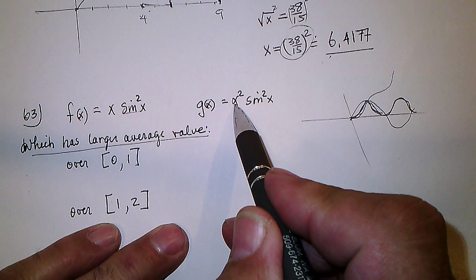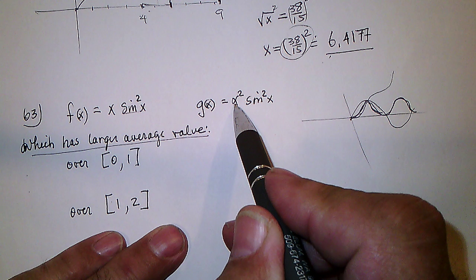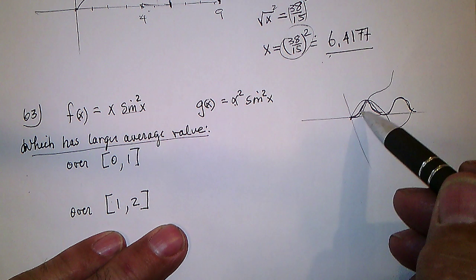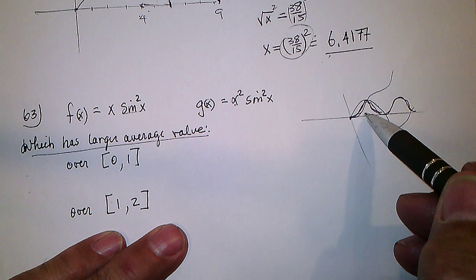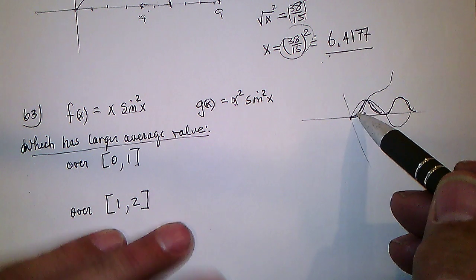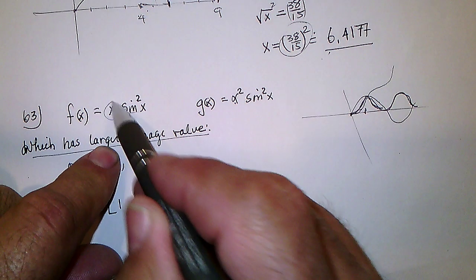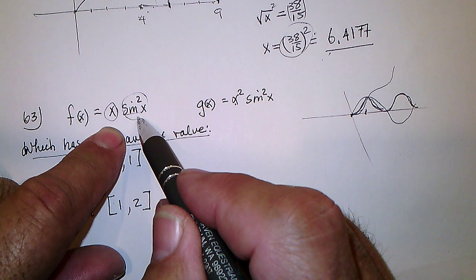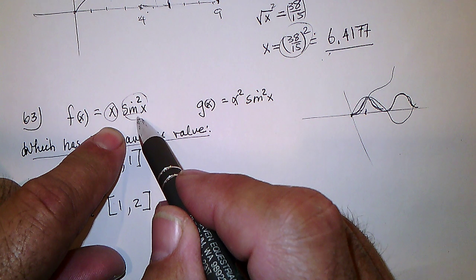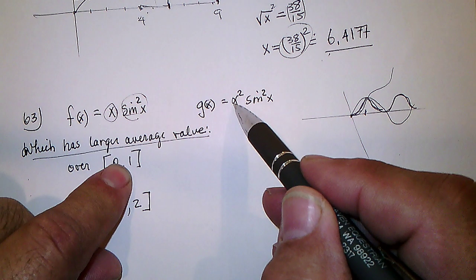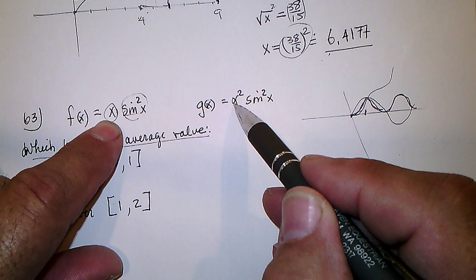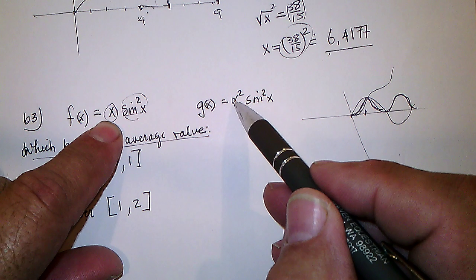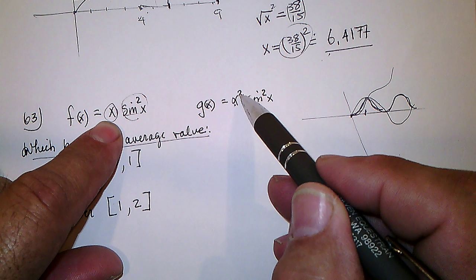When you do it times x squared, between 0 and 1 this is smaller than 1, and that's going to decrease the area, but something smaller than 1 squared is going to be even smaller.